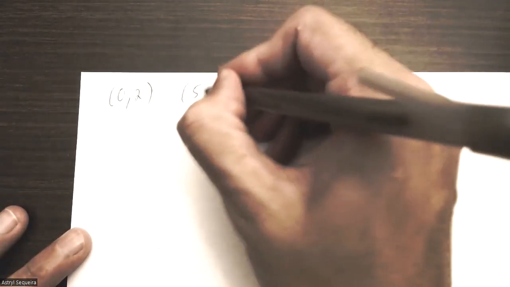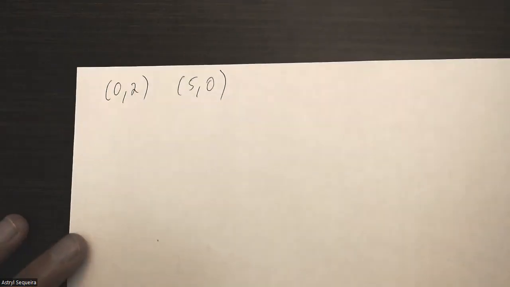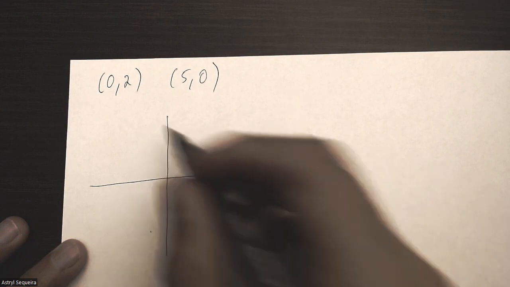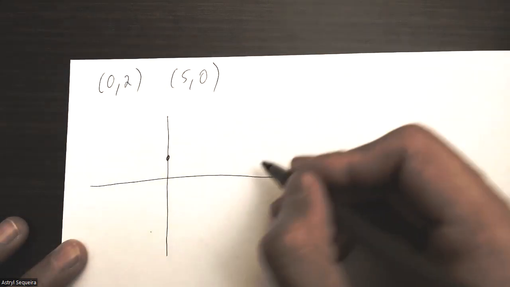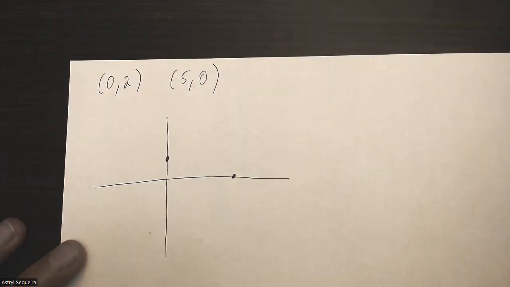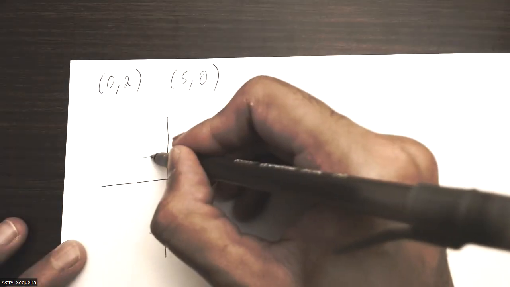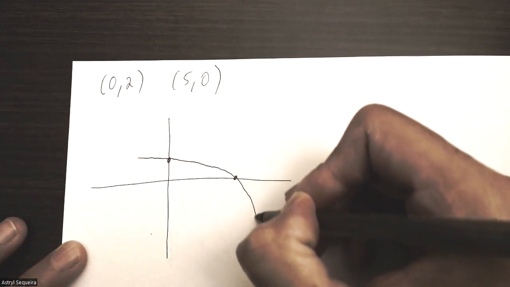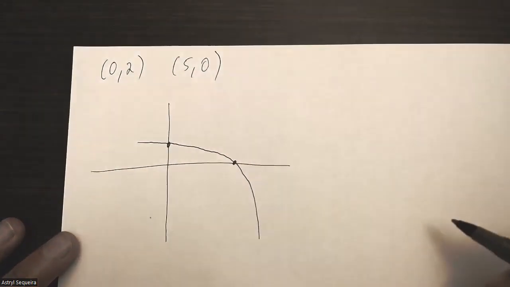So the third one is going to be the log equation passing through these 2 points over here. So again, I want to sketch this out first. So (0, 2) and (5, 0). If you think about a log function that passes through these 2 points, we can do a log function that looks like this.